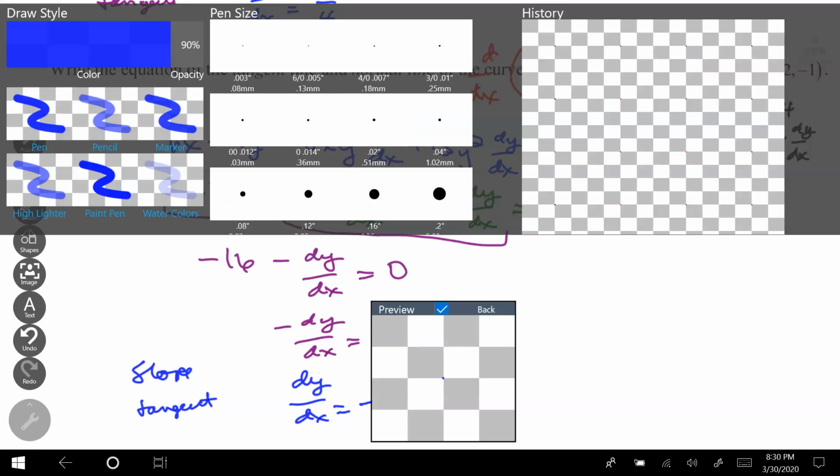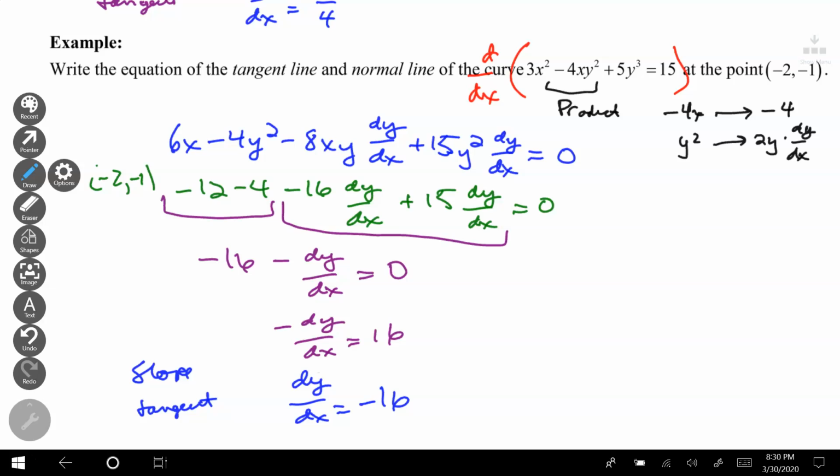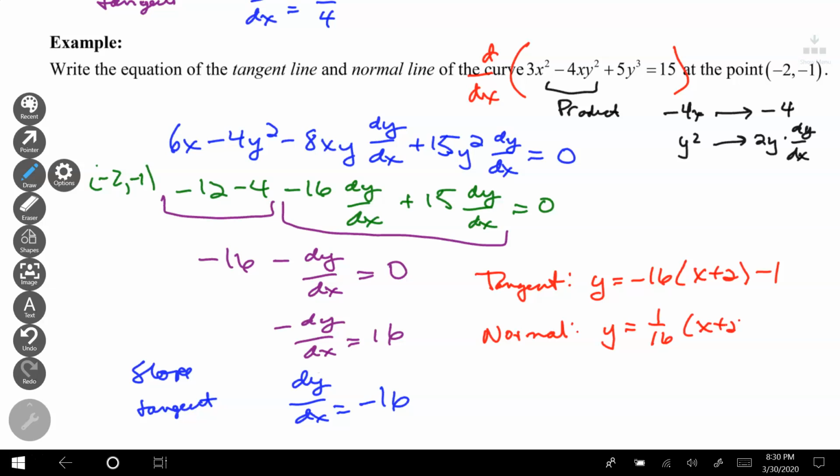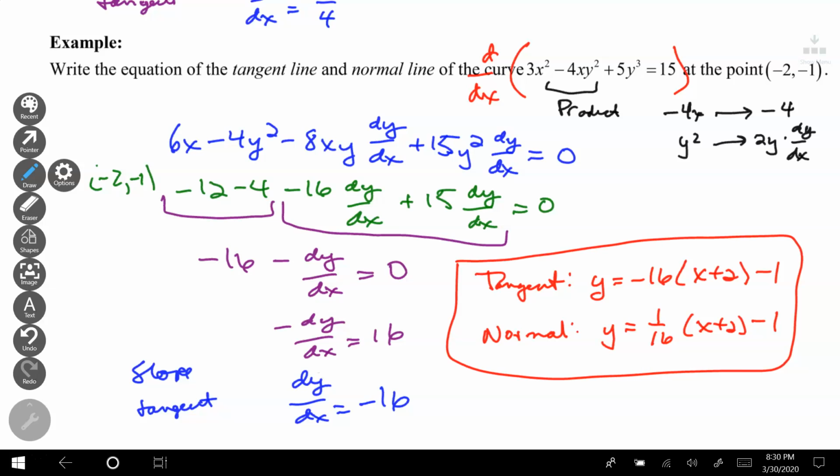So when I'm done, I get my tangent line equation to be y equals -16 times x plus 2, minus 1, and my normal line, y equals 1 over 16 times x plus 2, minus 1. And those are my two equations.